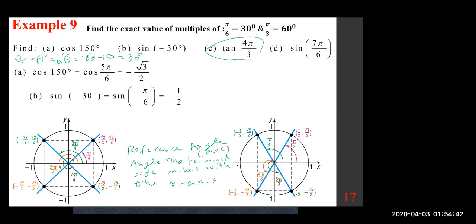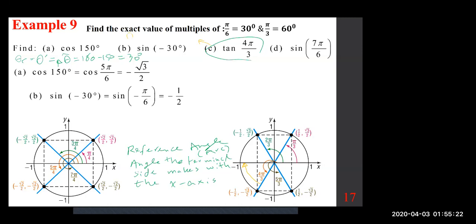Give me 1 second. So for 4 pi over 3, this is the reference arc, because it's in the third quadrant. And because it's larger than 180, and by the way, you always compare to the closest x-axis, so 4 pi over 3.